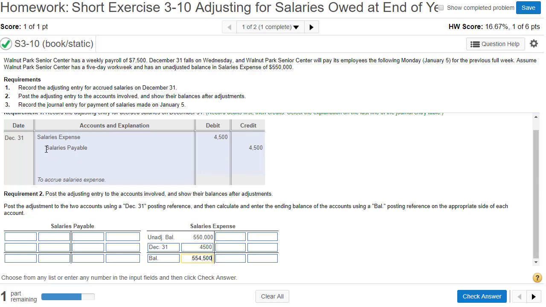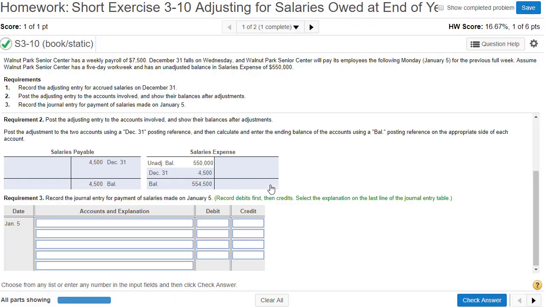And then we need to post salaries payable. The company now owes $4,500 salaries as of the end of the year, which gives them a balance of $4,500.